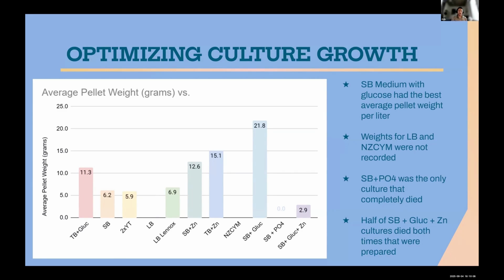These were all the media that we tested, and as you may see, the SB media with glucose had the best average pellet weight per liter. You may also notice that a couple of them don't have bars. That's because the weights were unfortunately not recorded. There were also a couple of cell cultures that died, but that still gives us insight into which conditions better support cell growth.